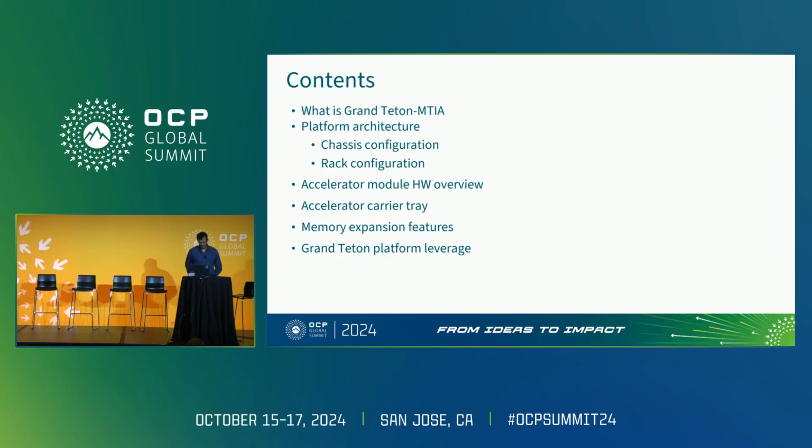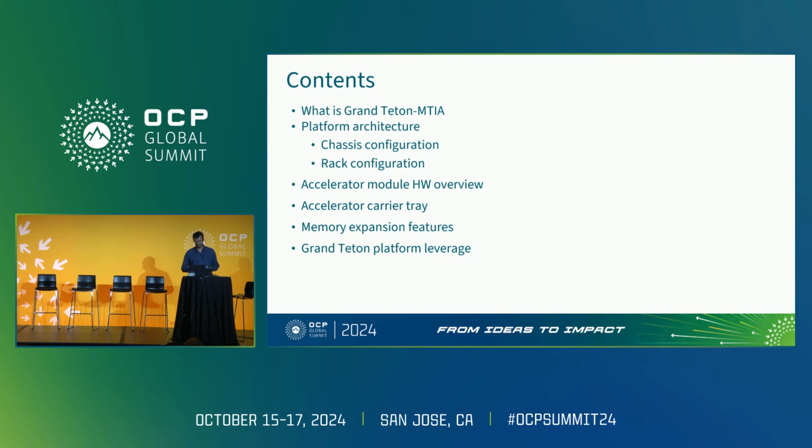So today, the main agenda is to go over what the Grand Teton MTIA system is, what the main target workloads are, the logical architecture of the platform, what the different boxes look like, and what the rack configuration looks like, and then go through in some detail the individual components within the system.